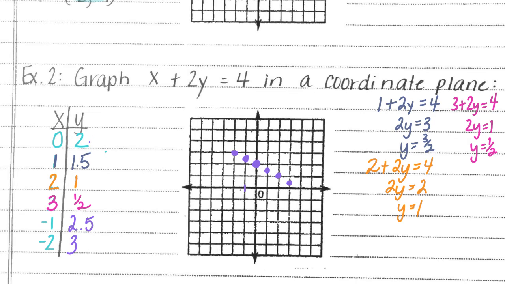So it says graph this line. It's a line, so we're going to actually draw a line through it. As of right now, our best bet is to draw what we call a table. This table is going to be the best option if you don't know how to graph something. And so many times we forget to go back to the table and use the table for graphing.